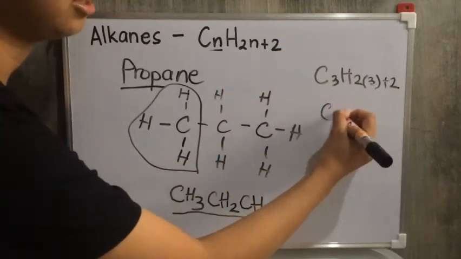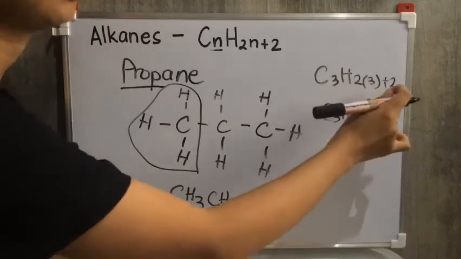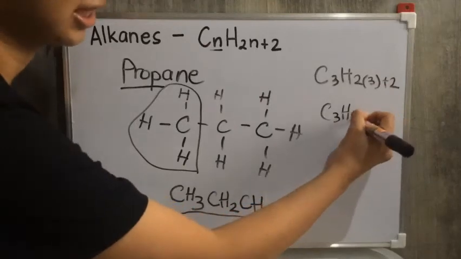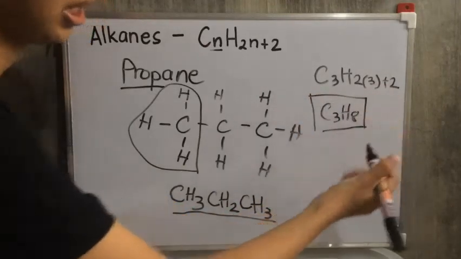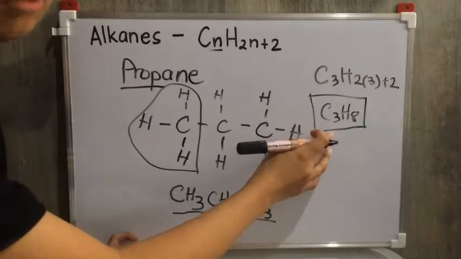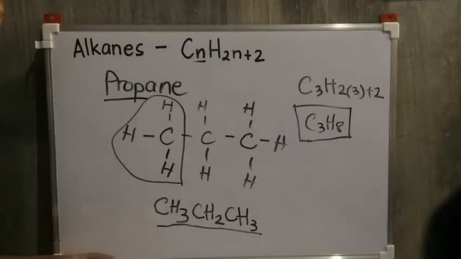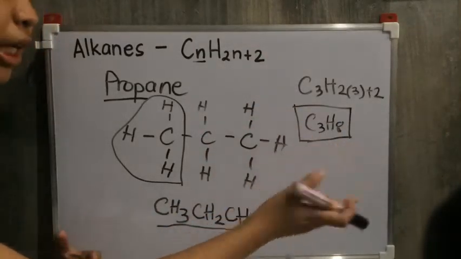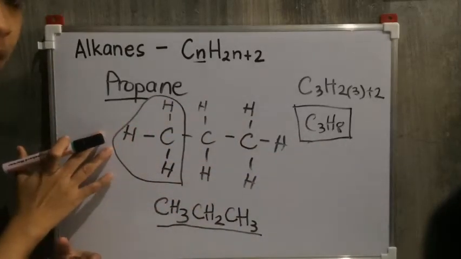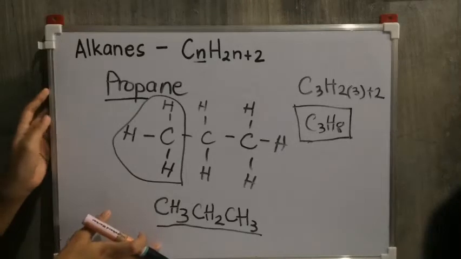So, C3H. 2 times 3 is 6, plus 2 equals 8. C3H8. This is the general formula of propane. So, you already know how to get the general formula, C3H8, the expanded structural formula, and the condensed structural formula.